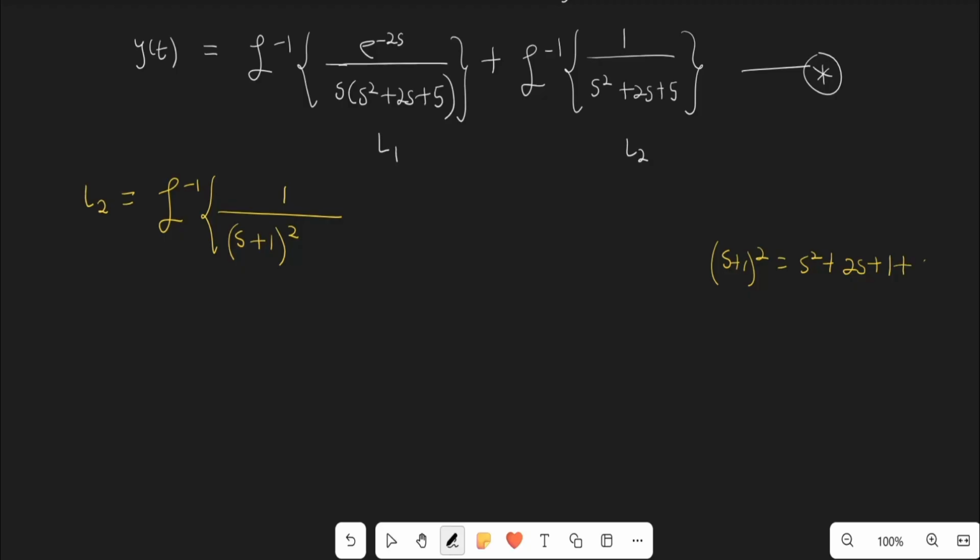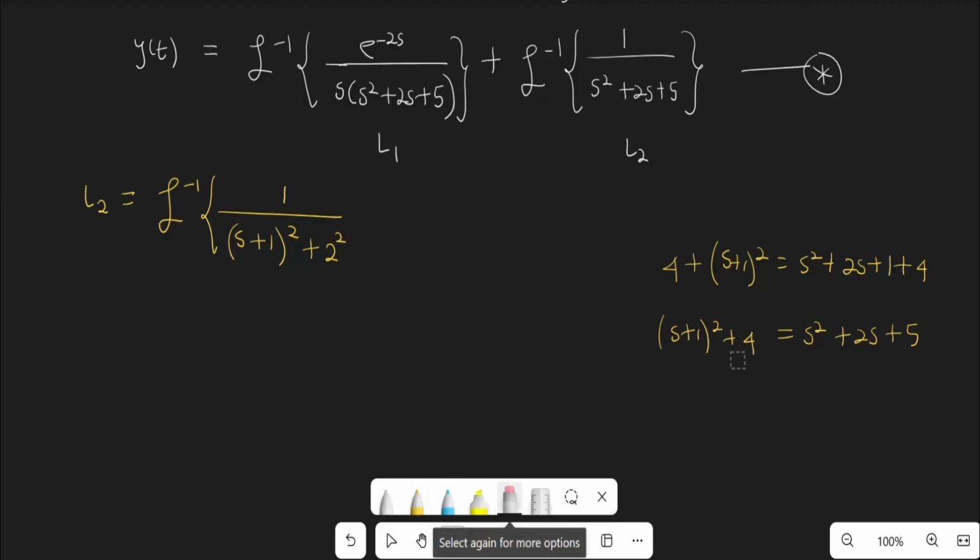So I can just add 4. That means s plus 1 all squared plus 4 is the same as s squared plus 2s plus 1 plus 4, which is 5. So in place of s squared plus 2s plus 5 in the denominator, I write s plus 1 all squared plus 4, and 4 can be written as 2 squared.